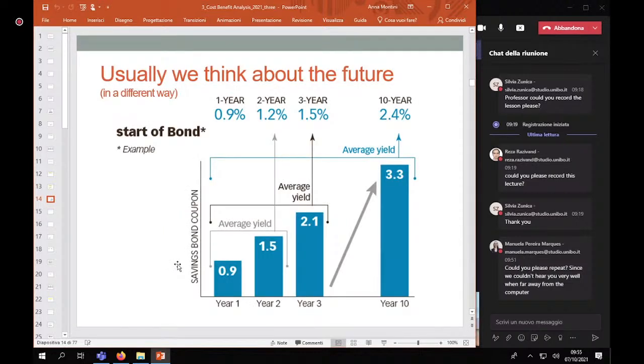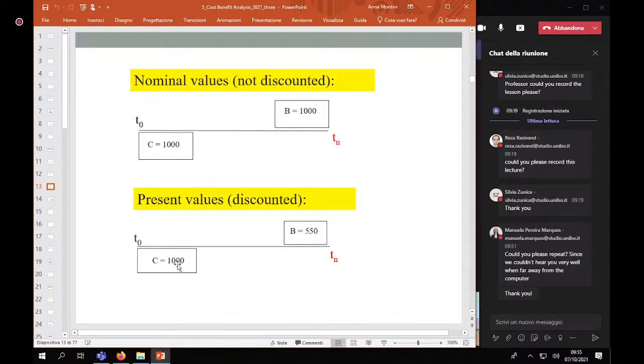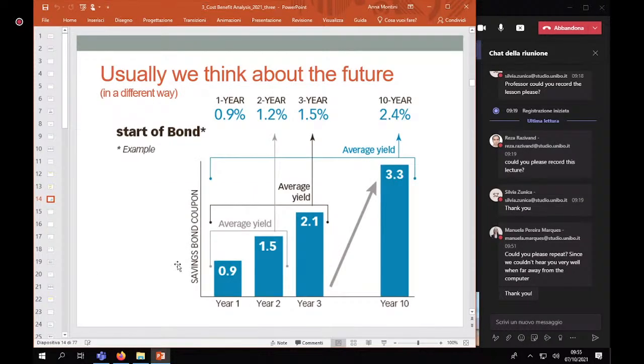Okay, so what is the rationale that we have to consider when we have to speak about discounting? Usually, when we think about the future, we are used to considering the future in a different way.